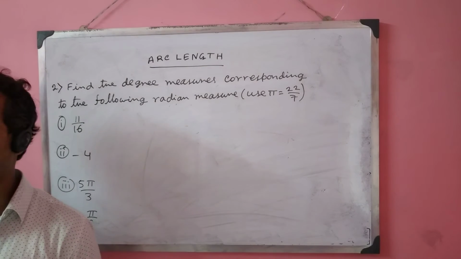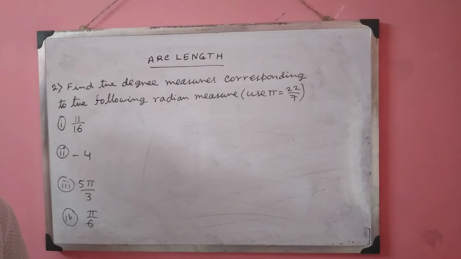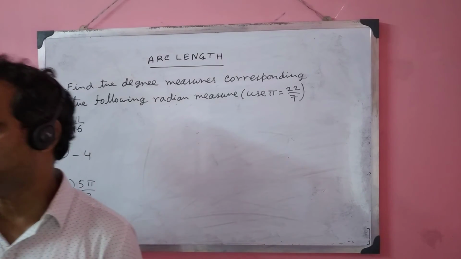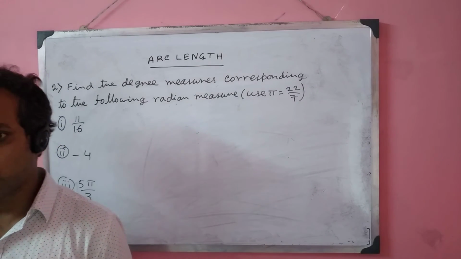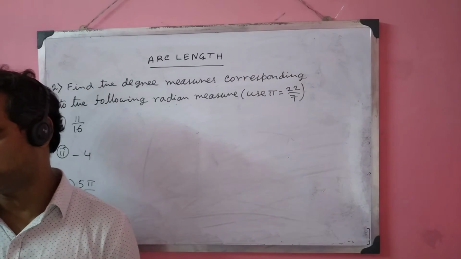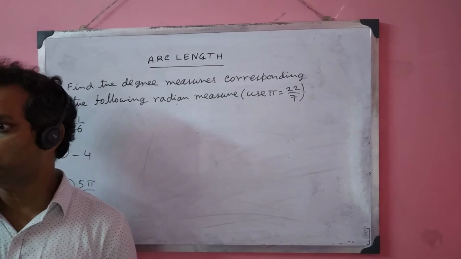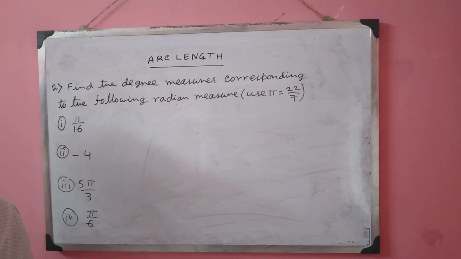That's why pi is not equal to 22/7, but there are some similarities. 22/7 is 3.14 something, and the value of pi is also 3.14 something. After the digit 4, the value of pi and 22/7 is not equal, but up to 3.14 both are the same. That's why we take pi equal to 22/7.